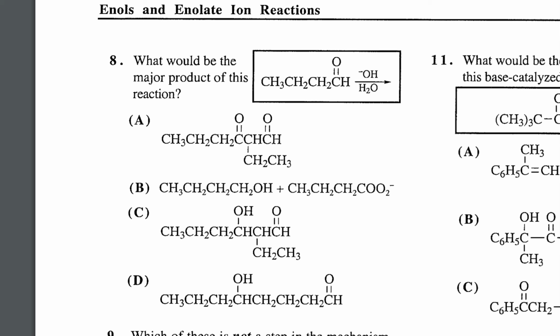If we think about an aldol, remember that the word aldol is the name for the type of product you get. Ald stands for aldehyde, ol stands for alcohol, and so if we're looking for something that has an aldehyde and alcohol in it, the only option is C, right?